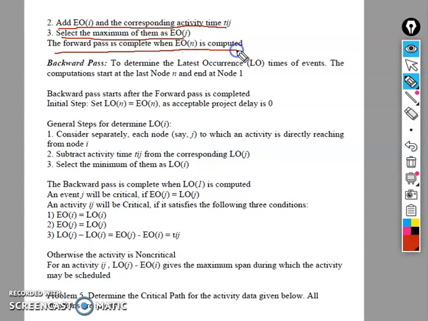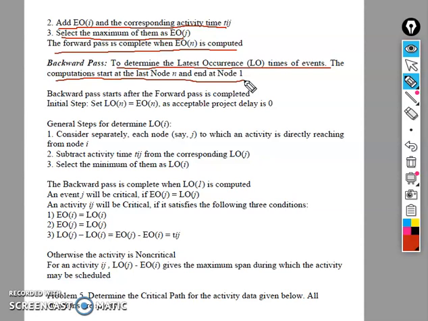Similarly, we consider another concept, which is to determine the latest occurrence LO time of the event. The computation starts at the last node n and ends at node 1. When we start the forward pass algorithm, you start from the initial node.